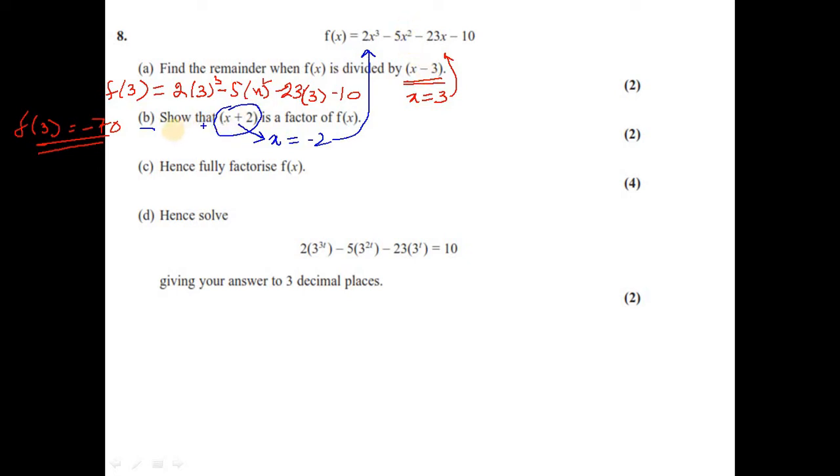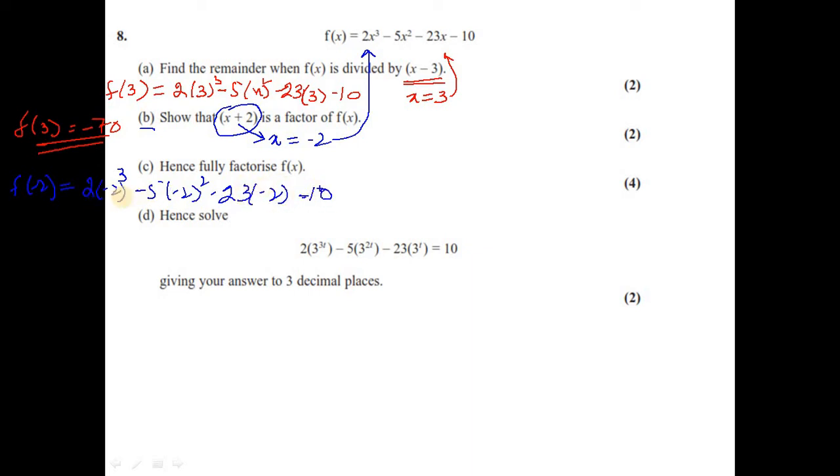And we do the same thing for x plus 2 to check whether x plus 2 is a factor or not. If it is a factor, we should get f of minus 2 equal to 0. So let's try f of minus 2. So 2 times minus 2 cubed plus minus 5 times minus 2 squared minus 23 times minus 2 minus 10.